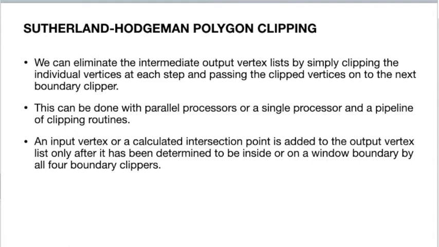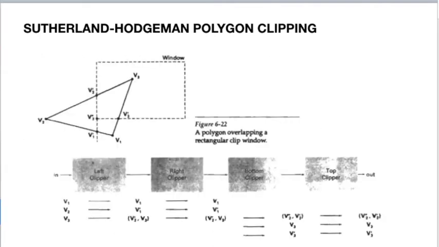This can be done with parallel processors or a single processor and a pipeline of clipping routines. So an input vertex or a calculated intersection point, that is any point, is added to the output vertex list only after it has been determined to be inside or on a window boundary by all 4 boundary clippers. That is shown in this figure.